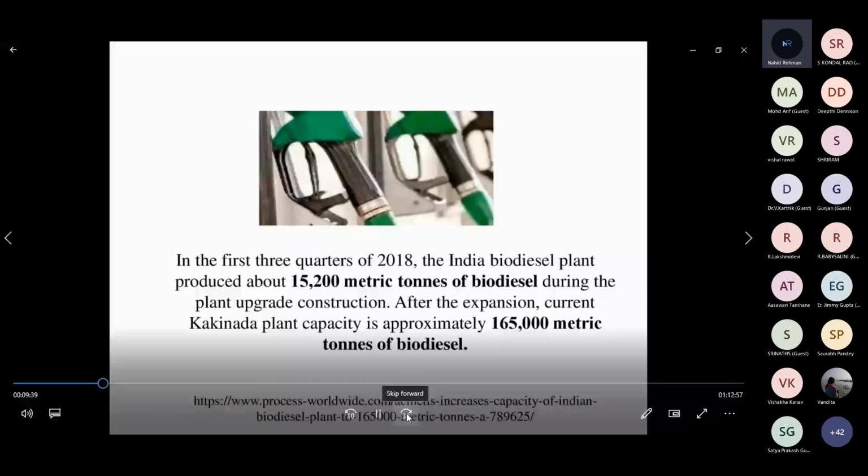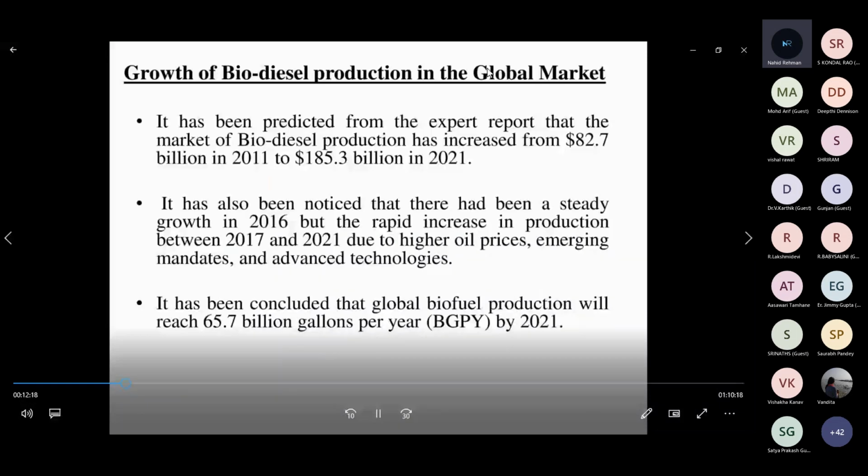It is one very important achievement of India. If we compare the production in the global market, it has been predicted from the expert report that the market of biodiesel production has increased from $82.7 billion.